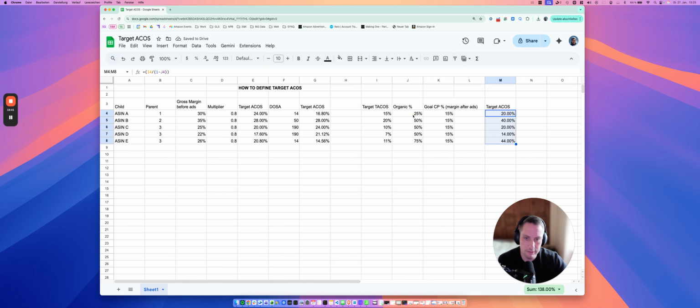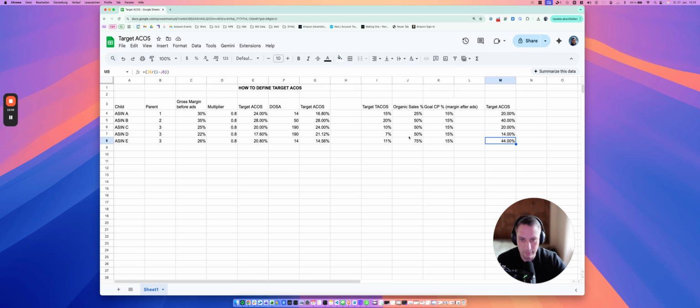The idea here is, if I'm having 25% PPC sales, and this is basically sales, right? If this ASIN is mainly driving on organic sales, my PPC sales are just 25% of it, so just 1/4. My target TACOS on this is 11%. That means my PPC can have an ACOS of 44%.